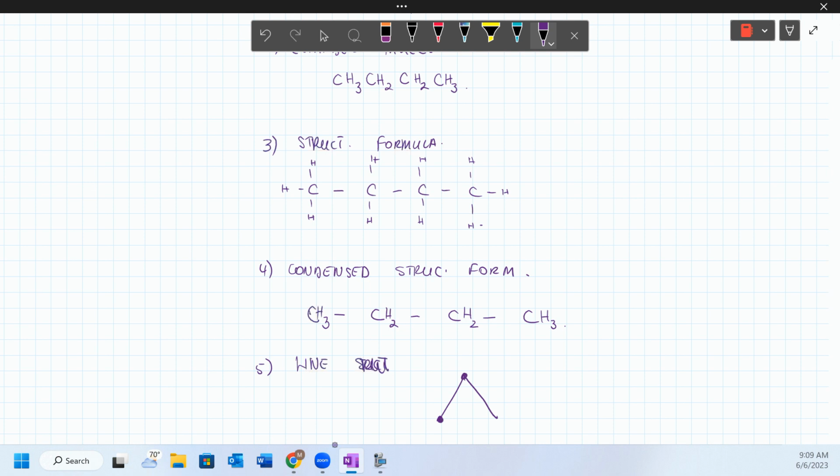Those vertices that I'm emphasizing here represent carbons. So here we have carbon, carbon, carbon, carbon, but we do not show anything else.